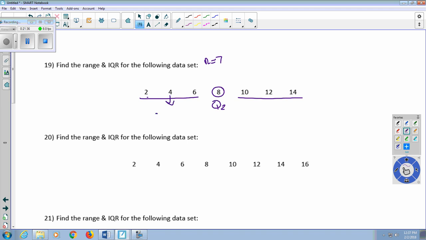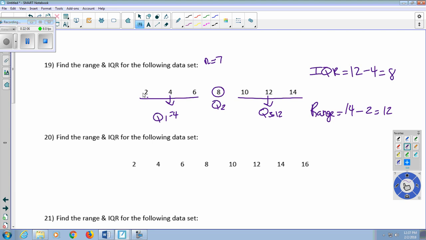So Q1 equals 4, and Q3 equals 12. The IQR will equal 12 minus 4, which equals 8. The range is going to be your maximum value, 14, minus your minimum, which is 2.